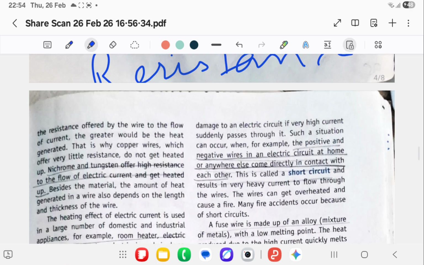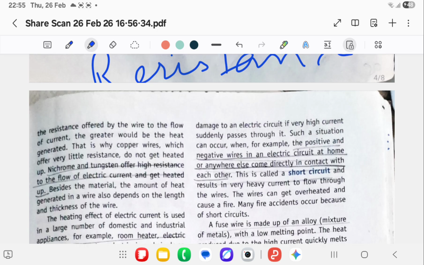Now how is it being used over here? Suppose whenever you touch your switch, the current passes through the wires that are inbuilt in your walls and do not show outside. When your house is built, all the wiring goes inside. Now if all those wires got heated, this would be a loss of energy.